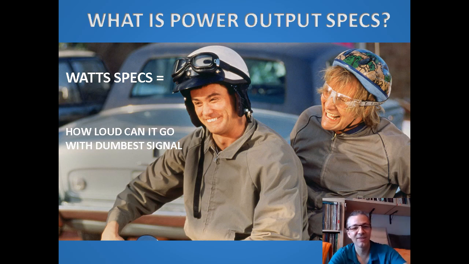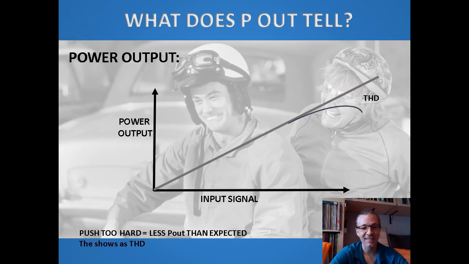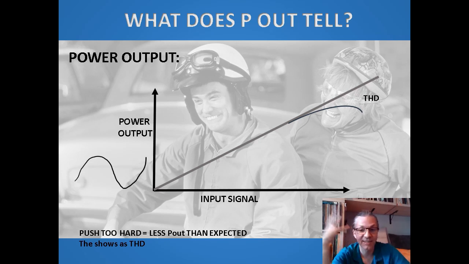The watt specification basically tells us how loud your amplifier can go with the dumbest signal possible. When they establish the power rating, they put a sine wave into your amplifier, which is the dumbest signal, because when you listen to music, it's never a sine wave.